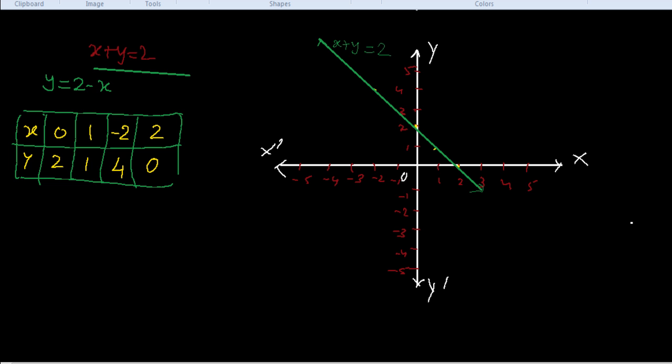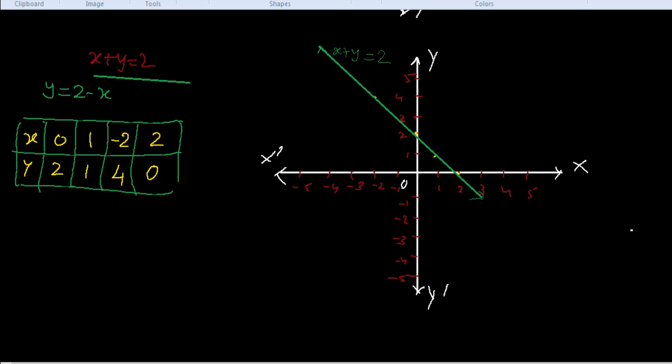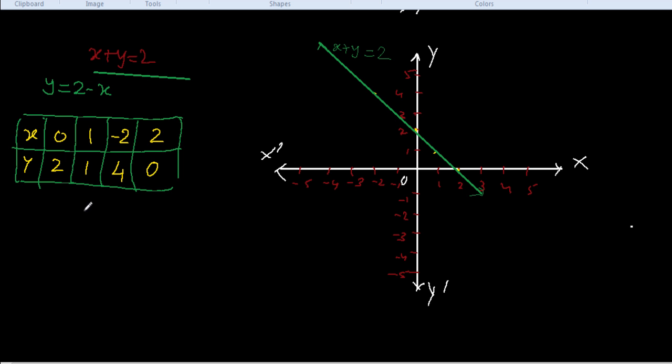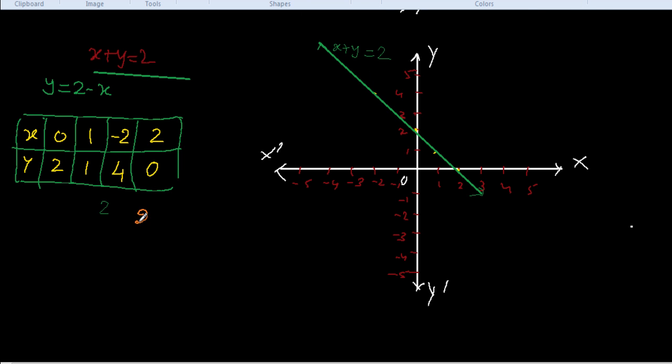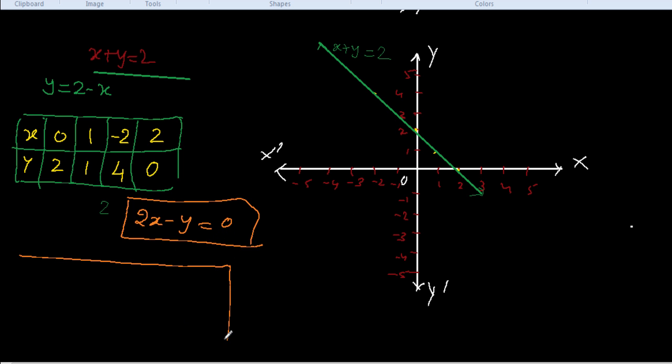One more thing I would like to tell you, if we have an equation like this, I change the color here and make it 2x minus y is equal to 0. So we see what happens here now. 2x minus y is equal to 0. So we draw another table here for this.